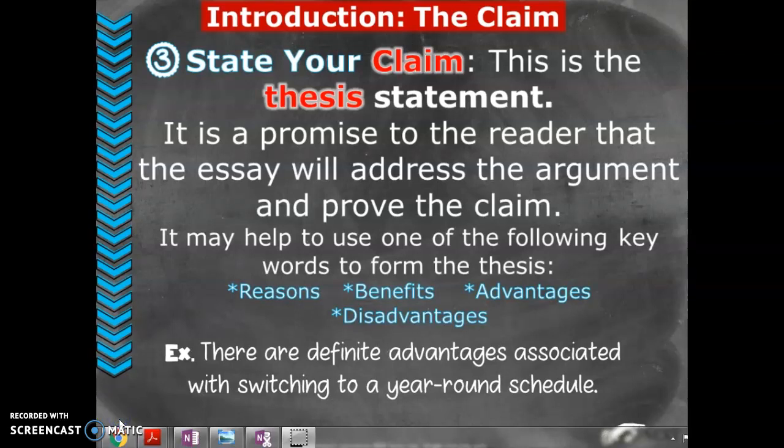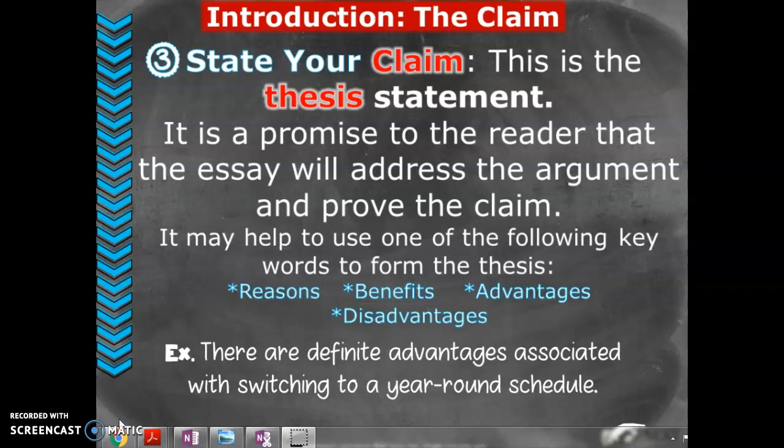The second part is the issue, where you state the issue and maybe a controversy around the issue, but you don't actually state your thesis or your claim yet. And then, of course, the third part of your introduction is where you actually state your claim. You state what your thesis is and what you are going to try to prove in your argumentative essay.